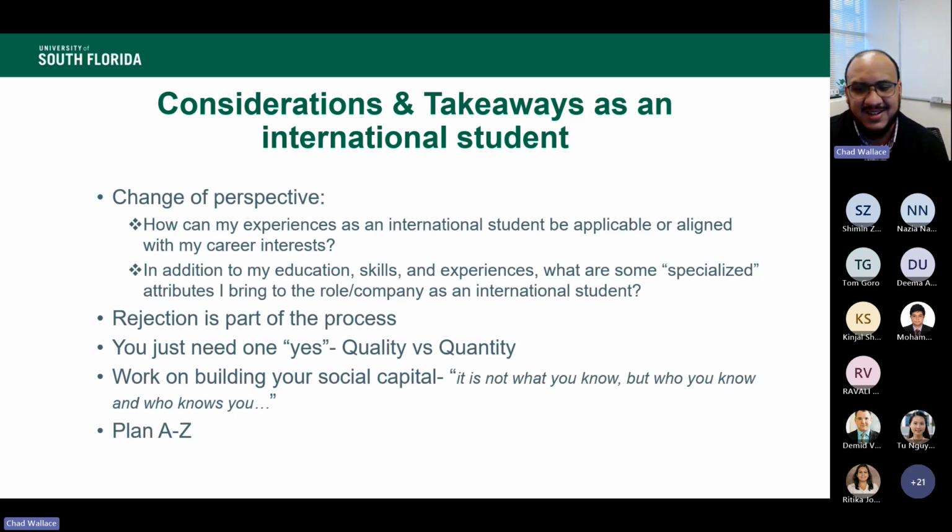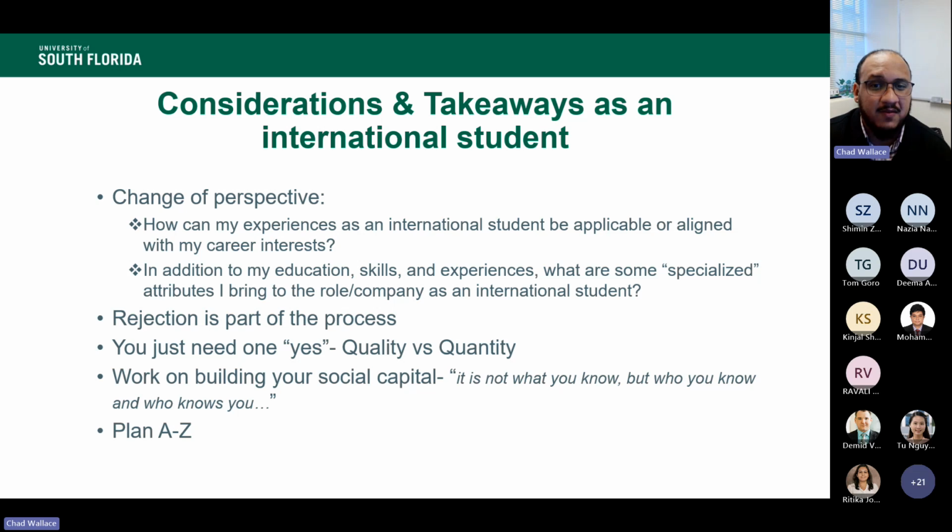What are some of my experiences as an international student that can be applicable or aligned to my career interests? What do I bring to the table in addition to not only my degree or my technical skills or my education or my experiences? What else do I bring? What's something that makes me special? What's that specialized attribute that I bring that can be really valuable or aligned with this company's goal?